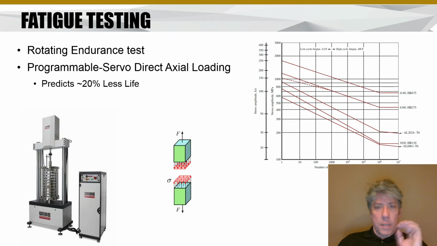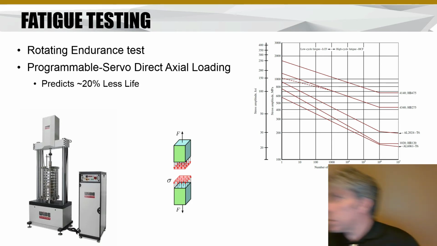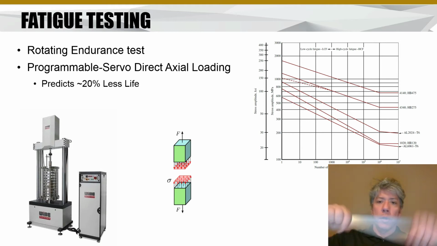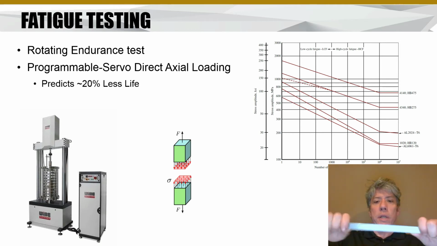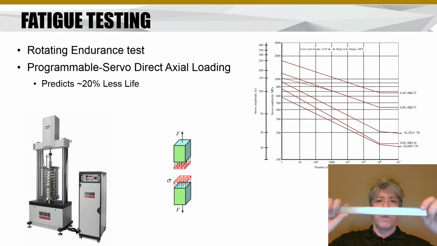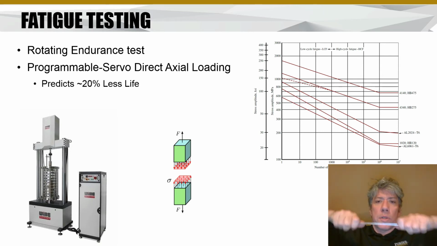However, today people are doing more with programmable direct axial loading type of servo driven machines, where you can take a sample and you can apply a load to it over and over. If you think of just a simple thing like this ruler here, if I wanted to fatigue test it with one of these, instead of rotating and bending it as it rotates, what I'd be doing with this servo is pulling on it over and over to some programmable position.